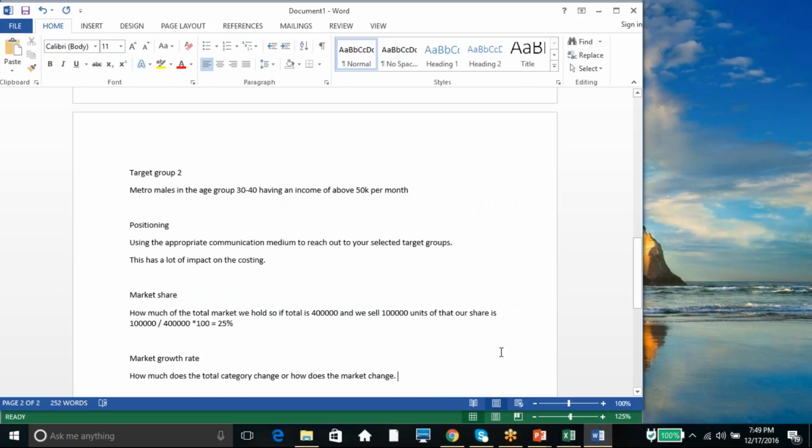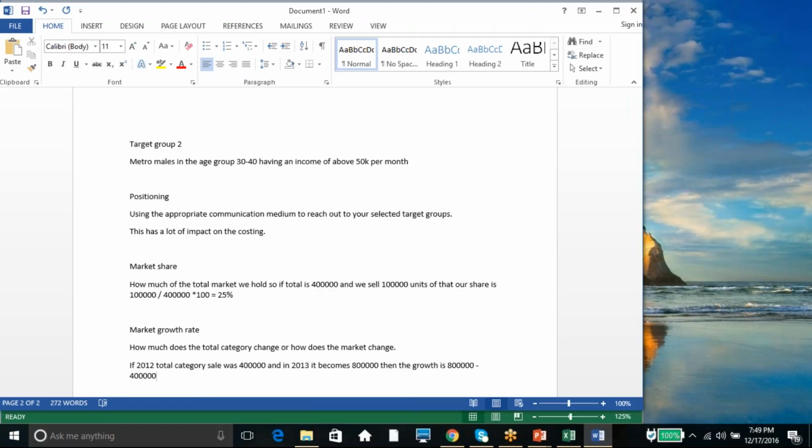So if the 2012 total category sale was 4 lakhs, and in 2013 it becomes 8 lakhs, then the growth is 8 lakhs minus 4 lakhs, which is equal to 4 lakhs.